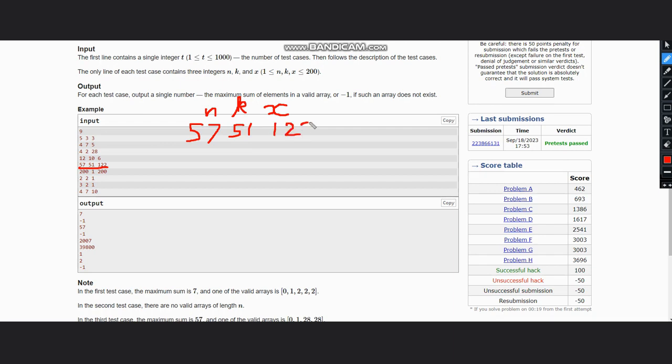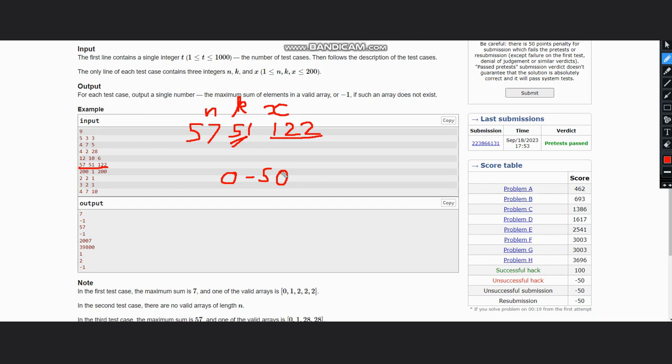Now you have the mex value as 51, so you can't take the number 51. You can't exceed 122, and you need to take 0 to 50. It is forced. You don't have any other option because the mex value is 51.